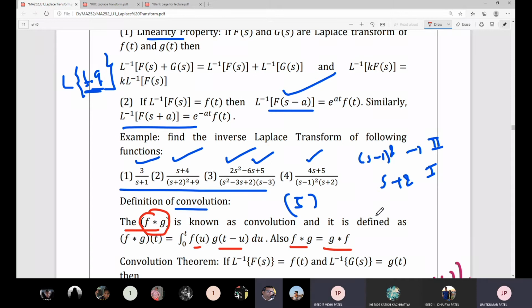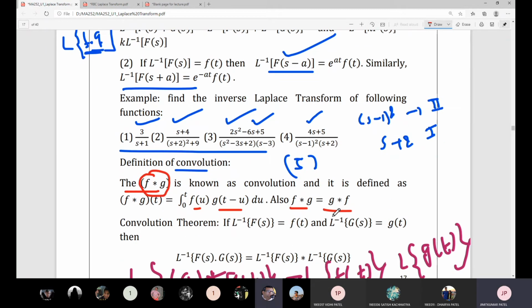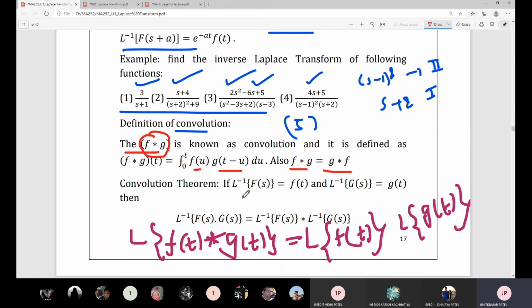No doubt. Okay, then we go for the convolution theorem. The convolution theorem is: if Laplace inverse of F of s is equal to f of t, means Laplace of f of t is equal to F of s, and Laplace inverse of G of s is equal to g of t, then Laplace inverse of F of s into G of s, where F of s is the first part, is equal to Laplace inverse of F of s star Laplace inverse of G of s.